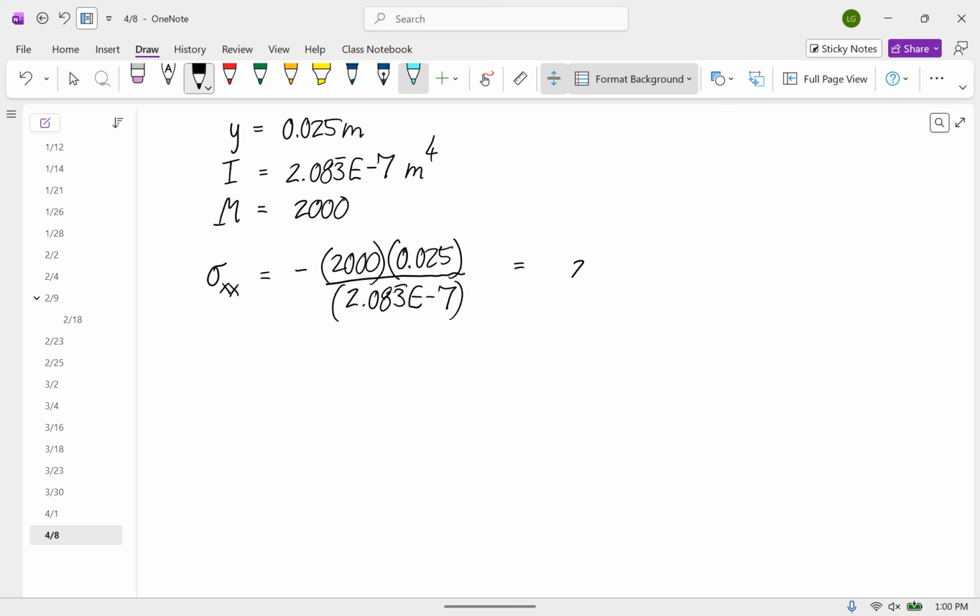And we get 240 times 10 to the 6. This is negative pascals. So our total stress tensor is negative 240.